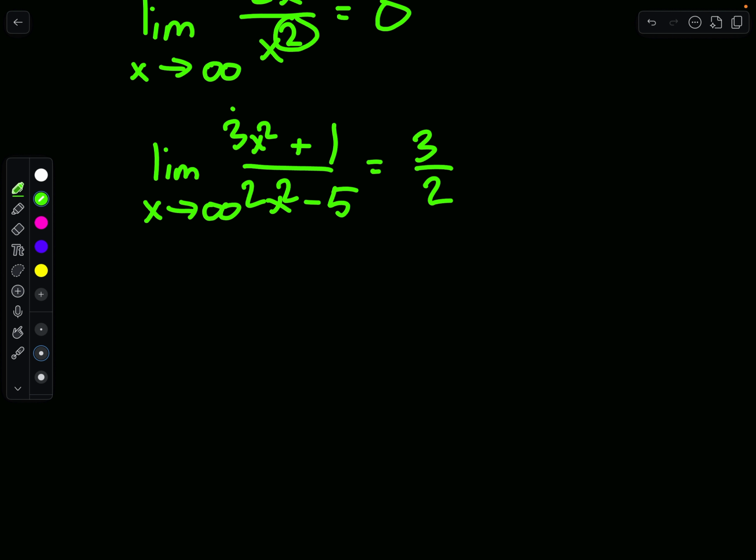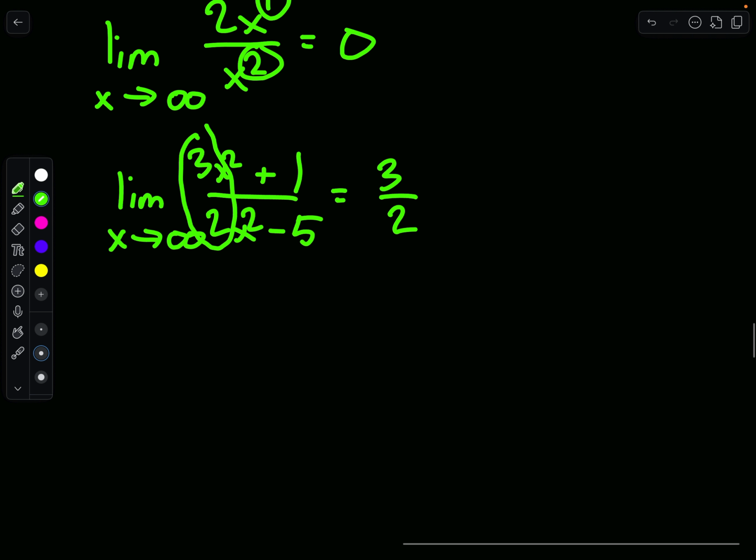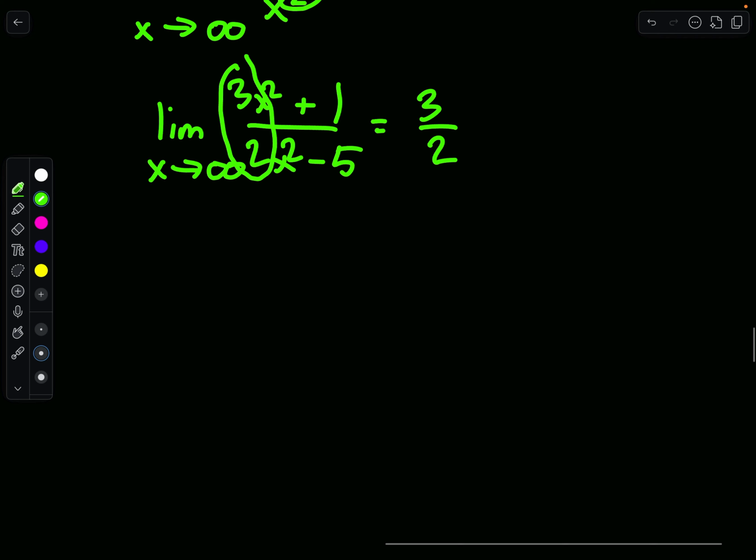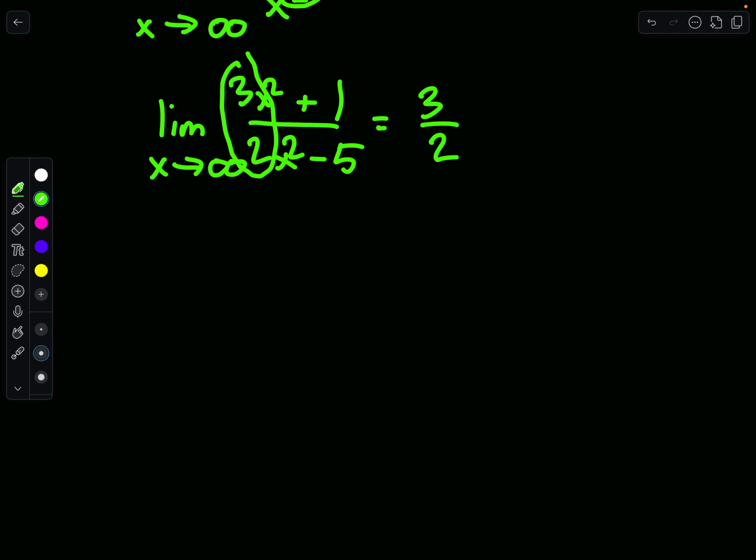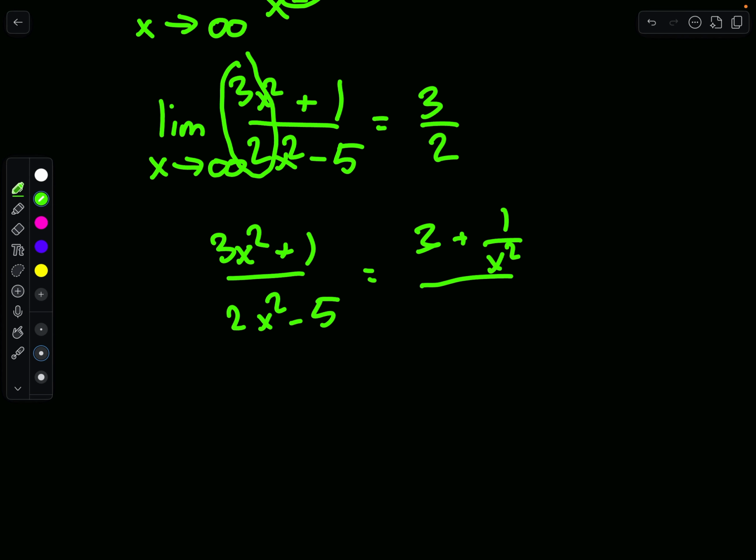We can see that the coefficients of those x squareds isolate themselves into the value of the limit. We can derive this by saying (3x squared plus 1) over (2x squared minus 5) equals (3 plus 1 over x squared) over (2 minus 5 over x squared).